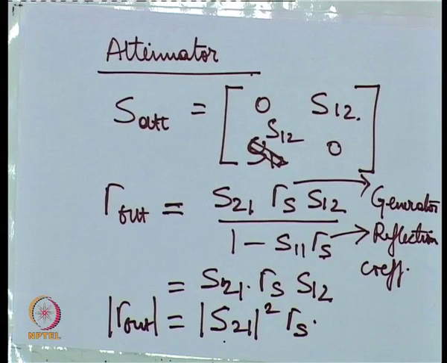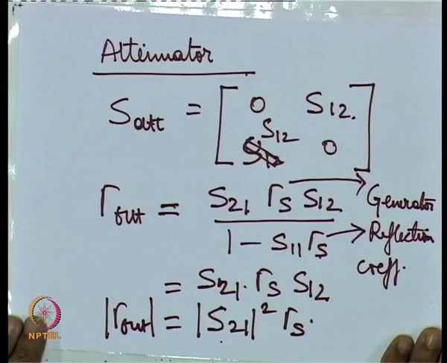So, in summary for this lecture, we have gone a little more in depth into the properties of the S parameters for two-port networks, whereas in the previous module we had only considered the properties of any port of a general network.